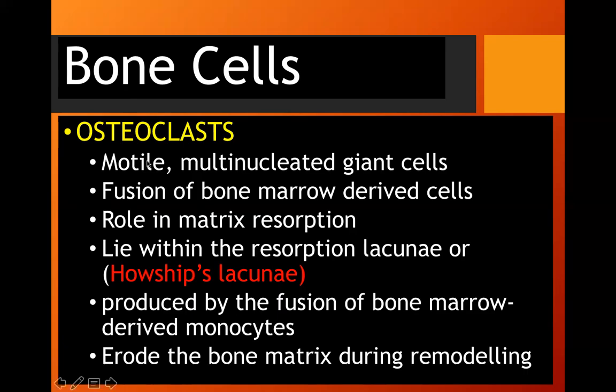The osteoclast, on the other hand, lies within the so-called resorption lacunae, or Howship's lacunae. This is the structure where osteoclasts are lodged. If it is an osteocyte, it is lodged in lacunae only.